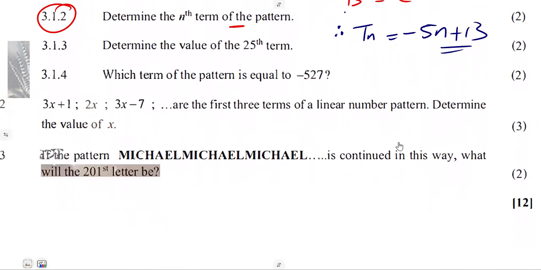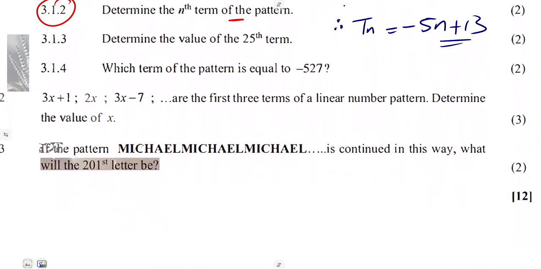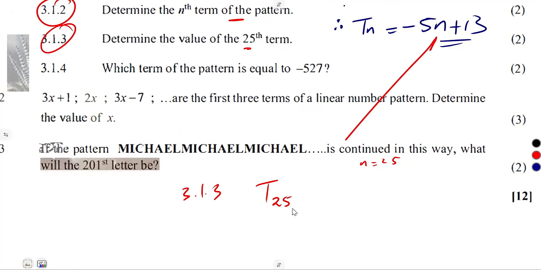3.13, determine the value of the 25th term. So this one, just substitute, guys, as we are to find T25. N is equal to 25. You substitute, so that is equal to minus 5 into our n, which is 25, plus 13.